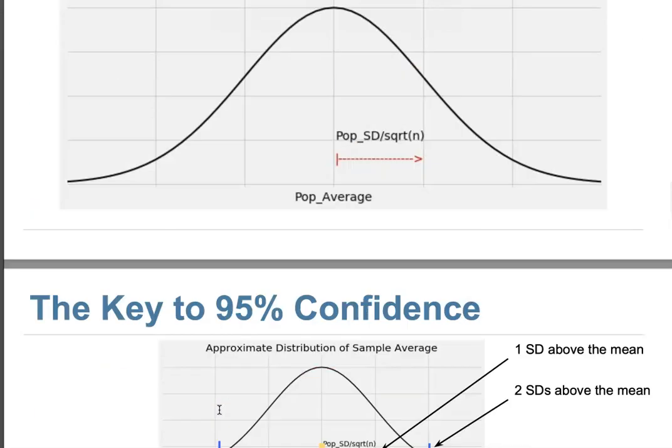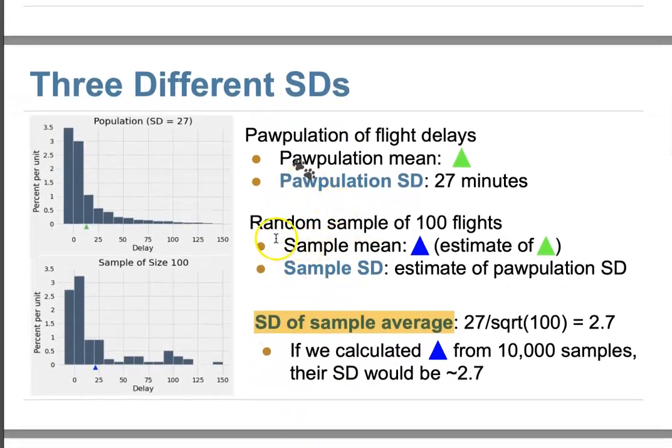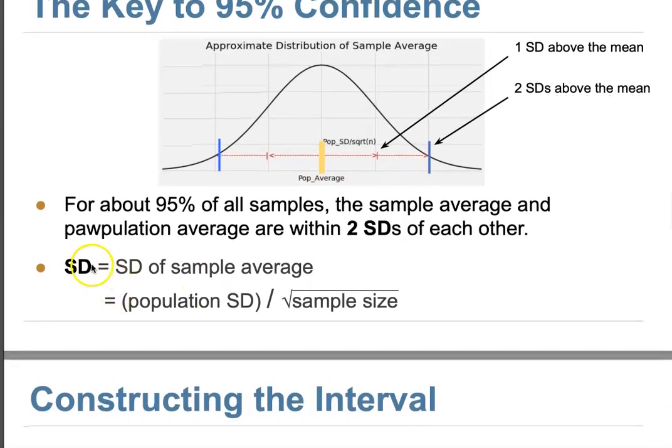But do you remember before when we talked about the three different standard deviations? Actually, for any random sample, the sample standard deviation will be similar to the population standard deviation. So here we just use the standard deviation from the sample to plug in, replacing the population standard deviation.